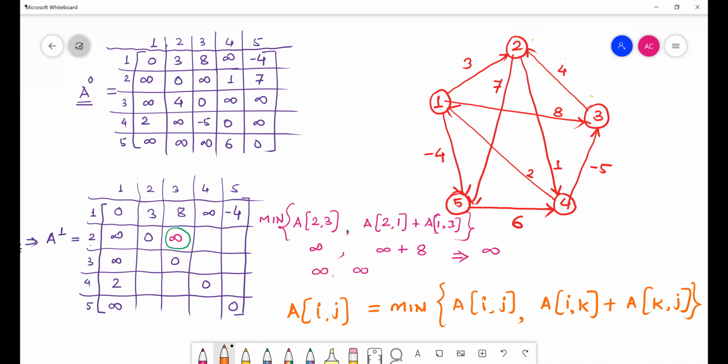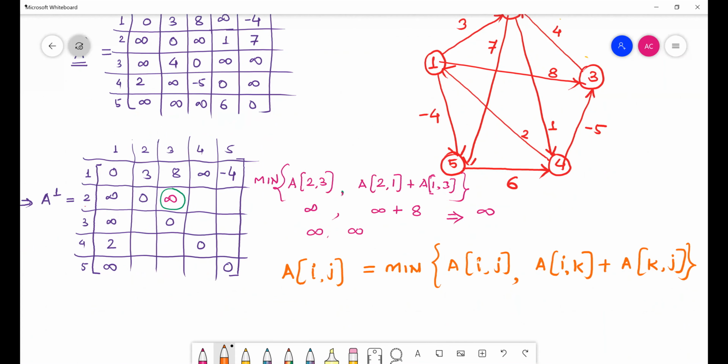Either you go directly from I to j, or you go via k, some other node. Whichever is smaller, whichever is minimum, take that value and assign it to this. Now can you relate it with the formula?